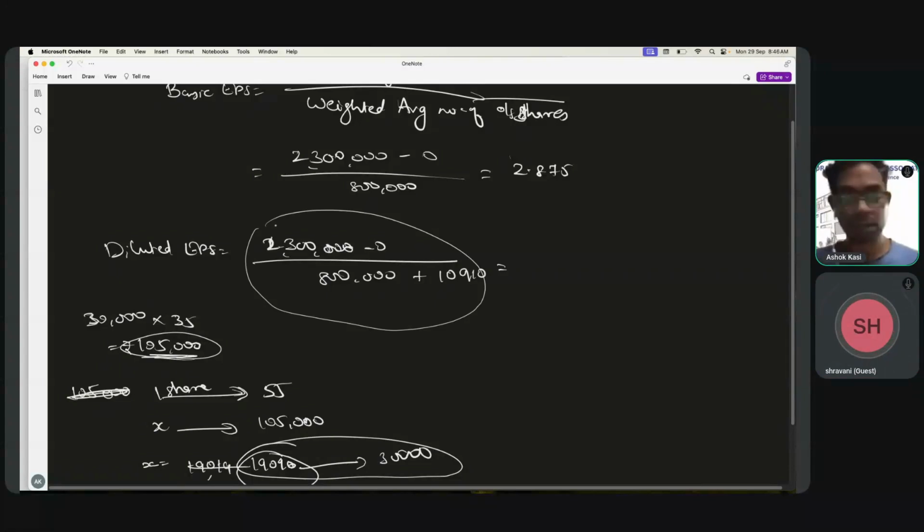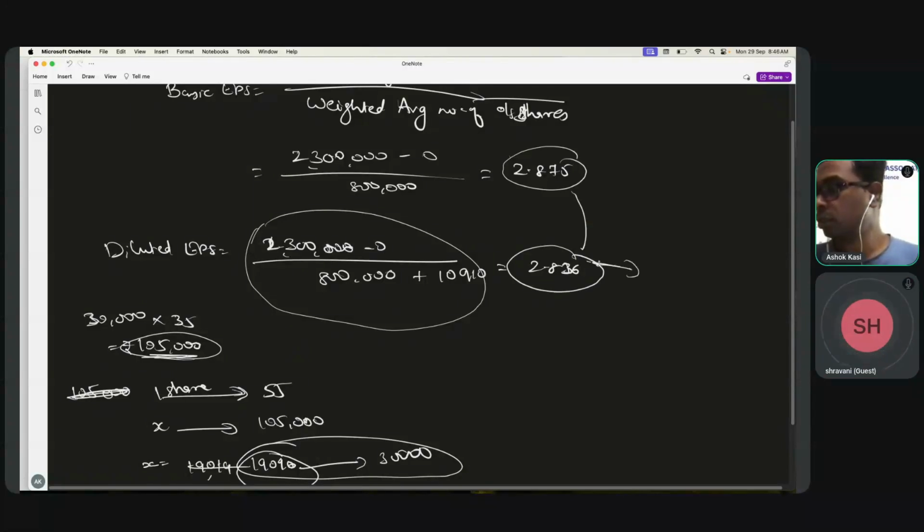Now solve all this. 2.836. Now, since this is lower than the basic, this is the diluted EPS.